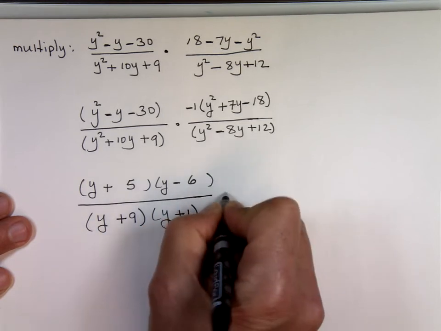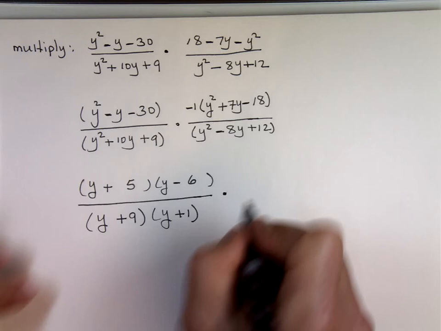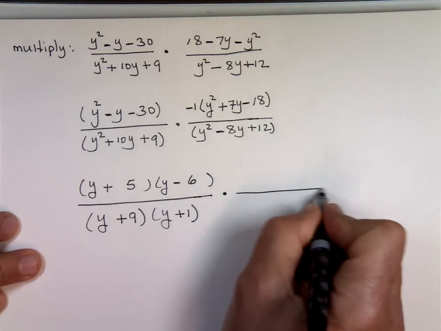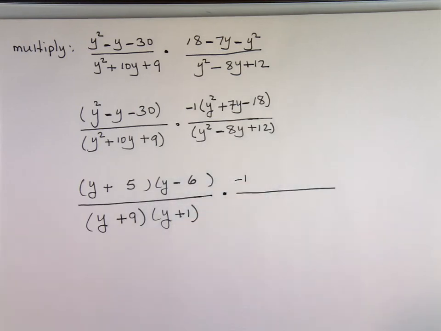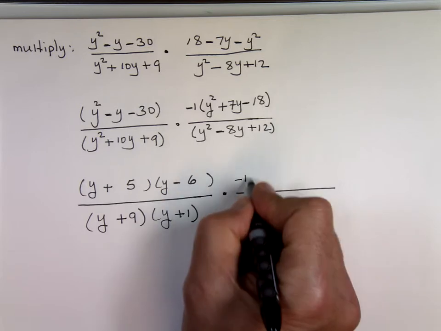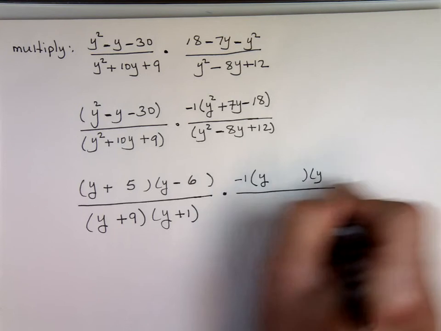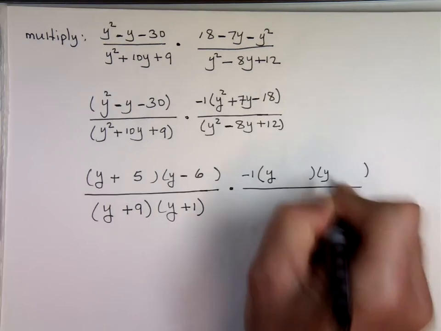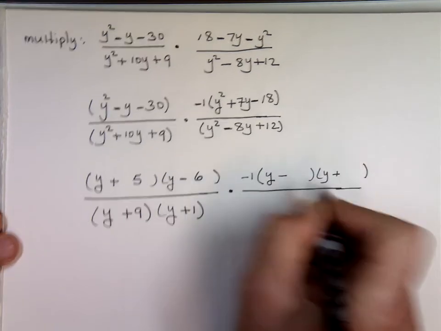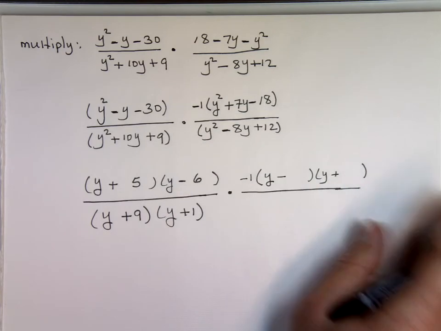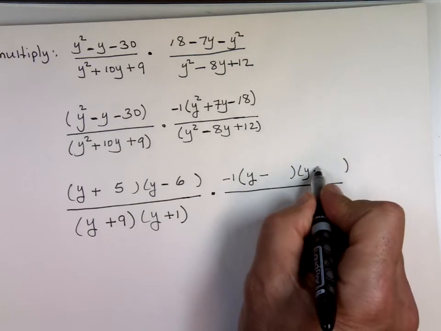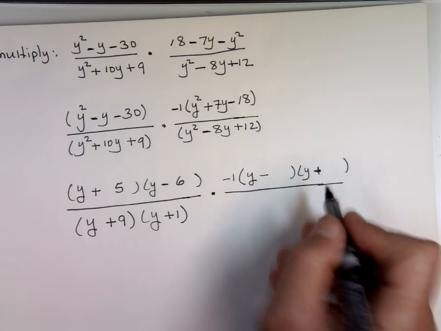Times. This is the negative 1. Y squared, it's y and y. One is positive, one is negative. Let's look at the 18. 9 and 2 is 18. I want the sum to be 7.